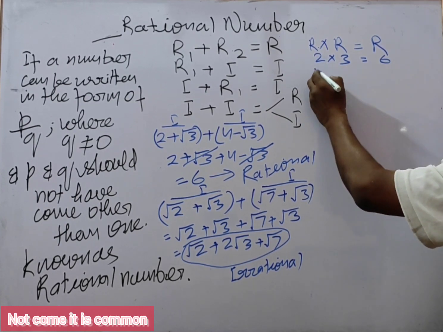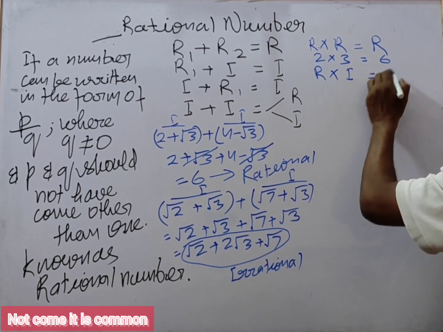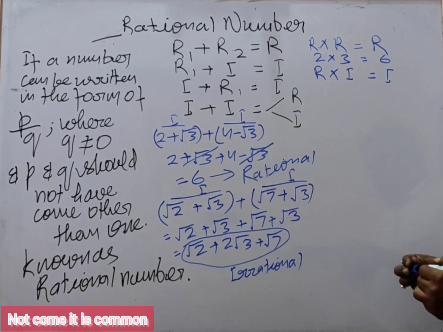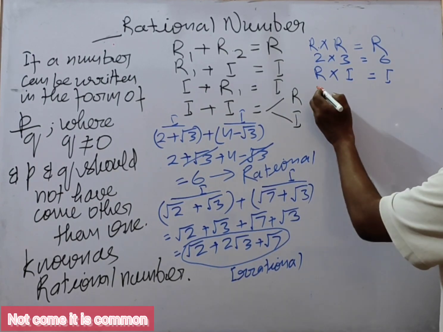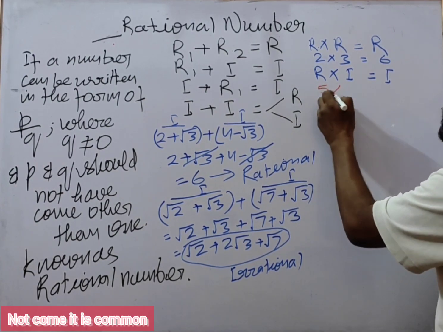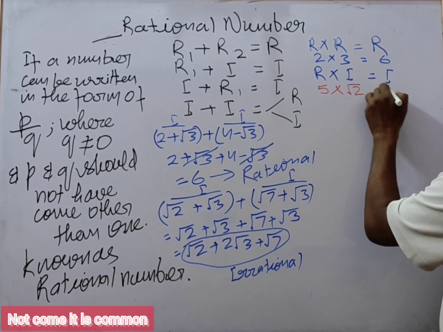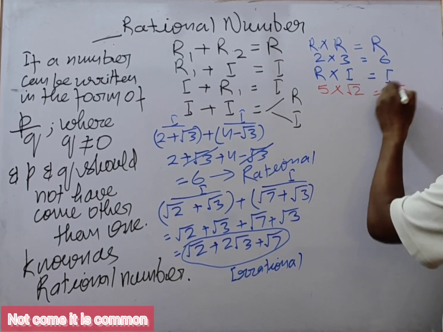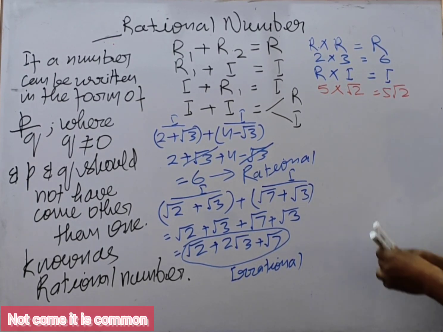Now rational number into irrational number becomes an irrational number, right? So you can write 5 into root 2 becomes 5 root 2. This is an irrational number, right?